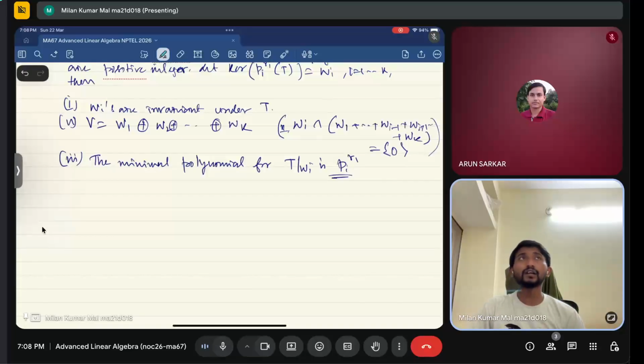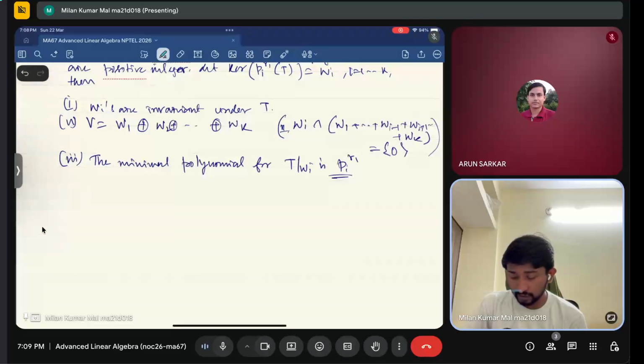The simplest form of a matrix up to equivalence is the diagonal form. But we may not always have the privilege of a diagonal form being possible. So in that case, we want the simplest form of the matrix T or the linear operator T.